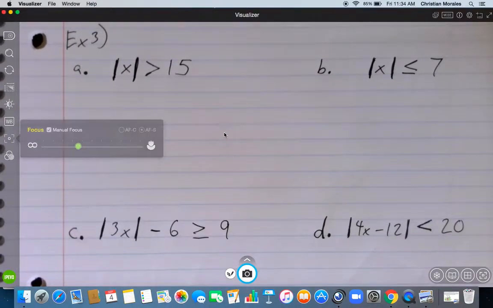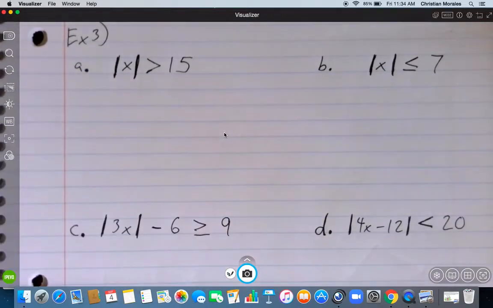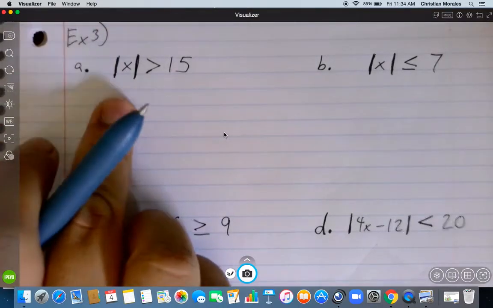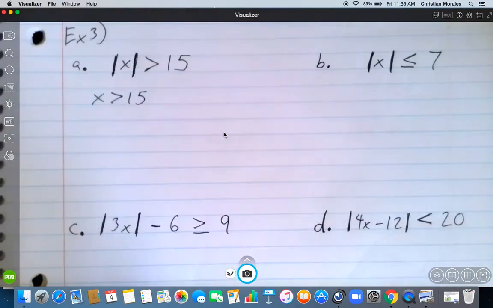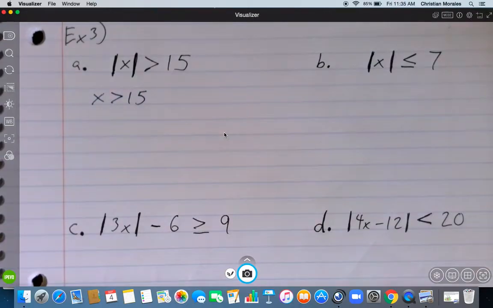I don't know why. Okay, now, here, like we said, there's two possibilities. It can be a positive 15 or a negative 15. But in this case, one answer is 15. So the absolute value of x is greater than 15. So 16, 17, 18, 19, 20.